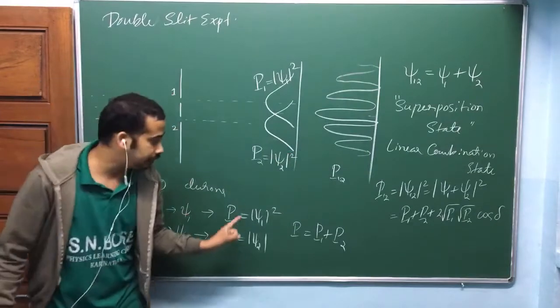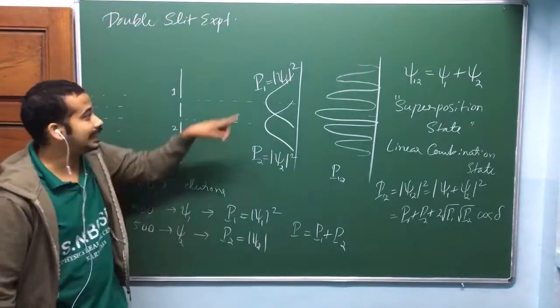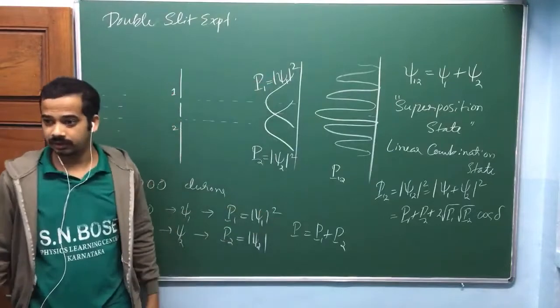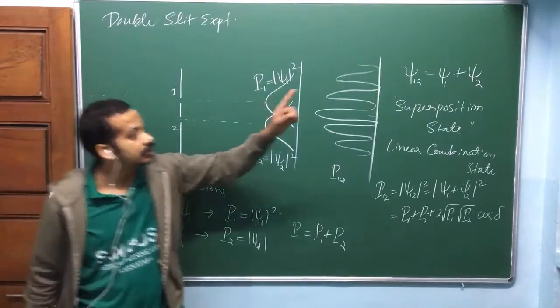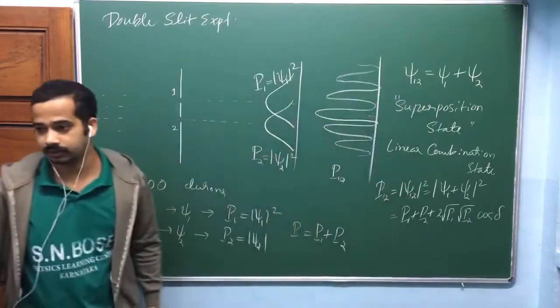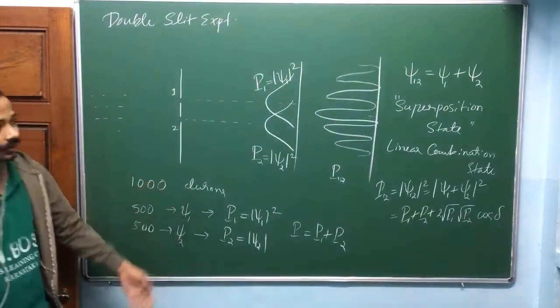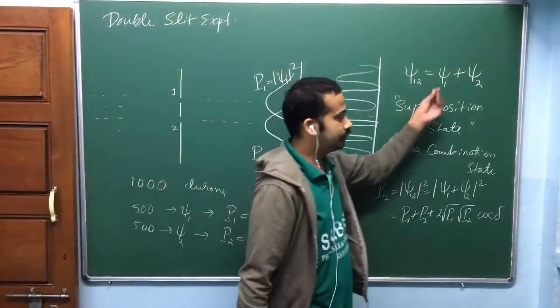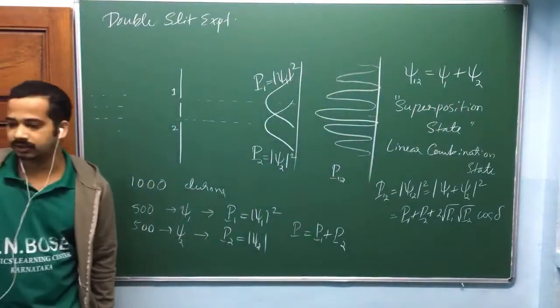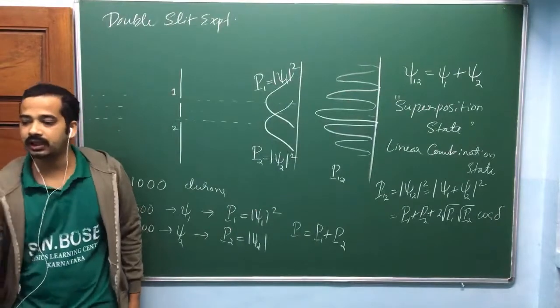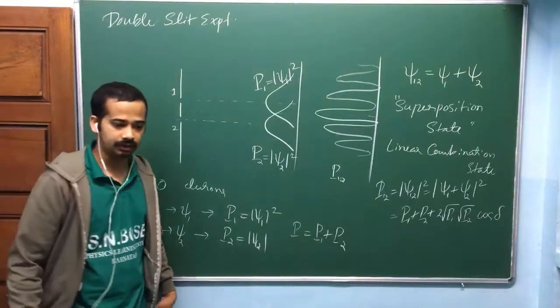It is wrong to say the electron is in either this state or this state. When you are not observing, the electron is in a superposition of states, a superposition of translational states, we say like that. These are not energy states actually. We shall see energy eigenstates later.